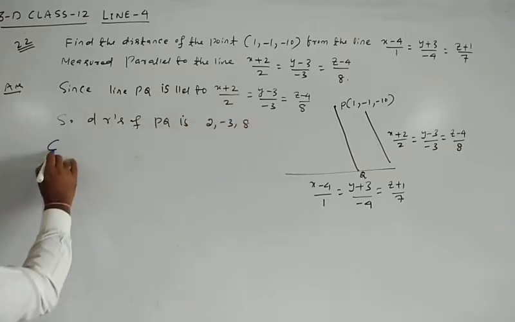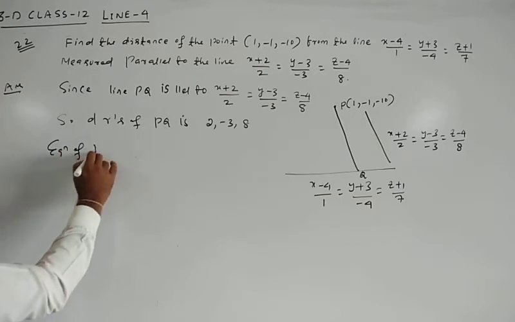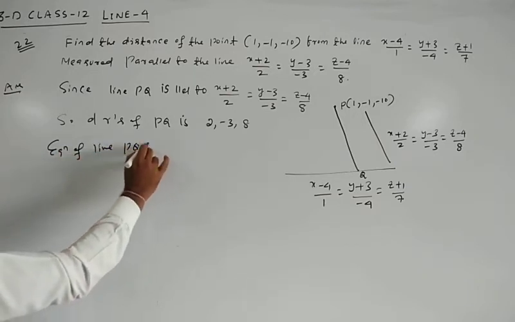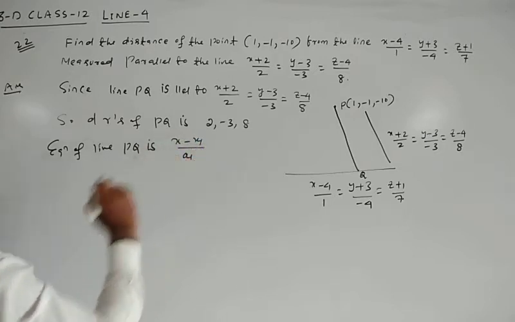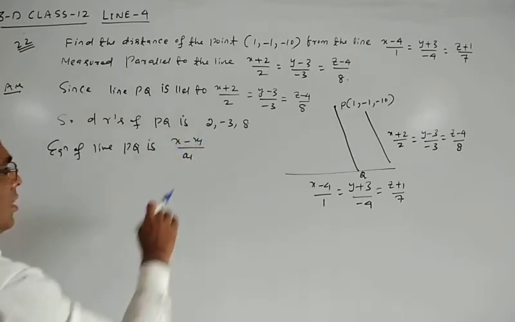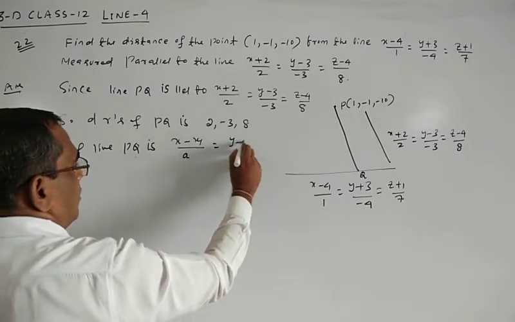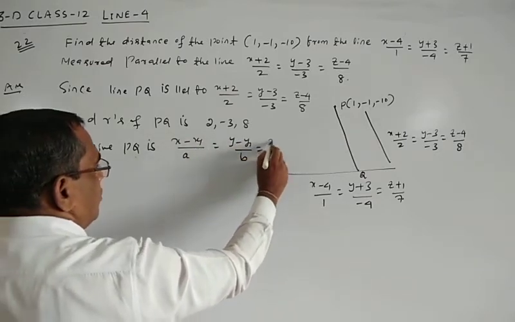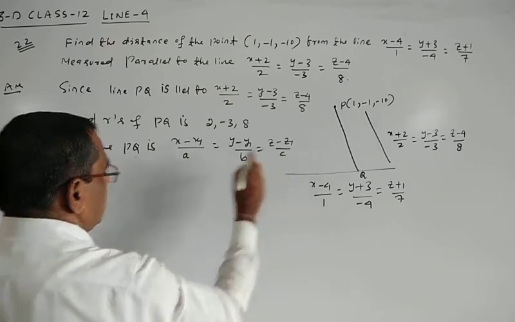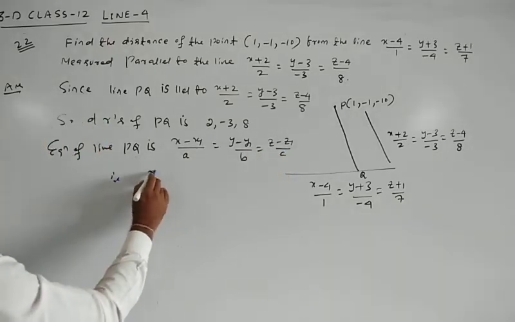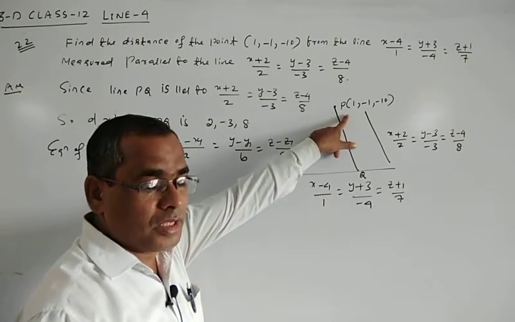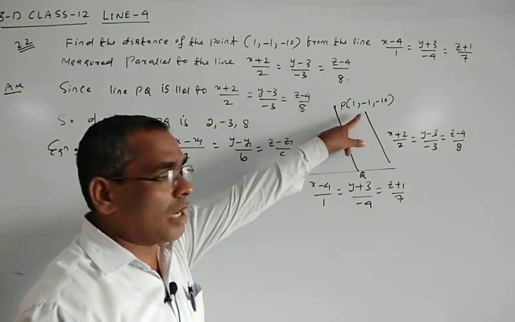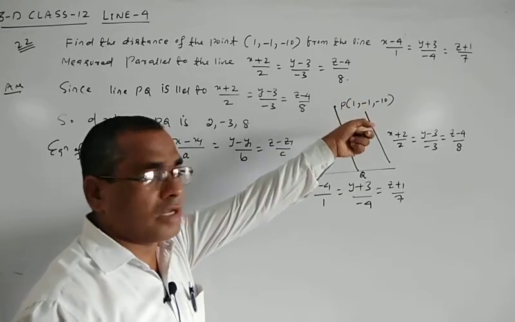So the equation of line PQ, according to the Cartesian form formula, is (x minus x1) by a equal to (y minus y1) by b equal to (z minus z1) by c. Clearly this line PQ passes through the point P, where x1 is 1, y1 is minus 1 and z1 is minus 10.